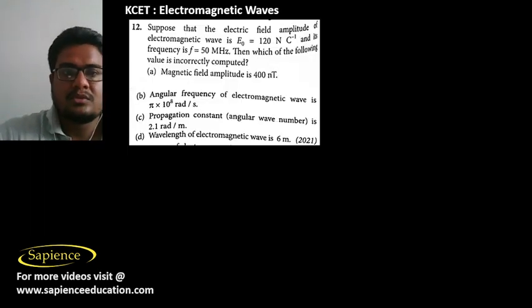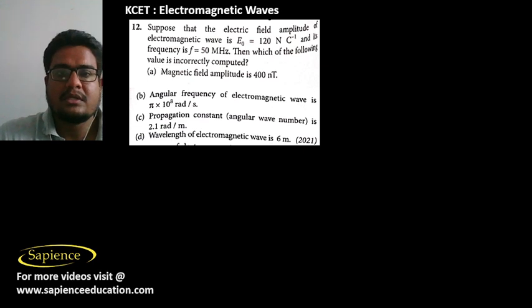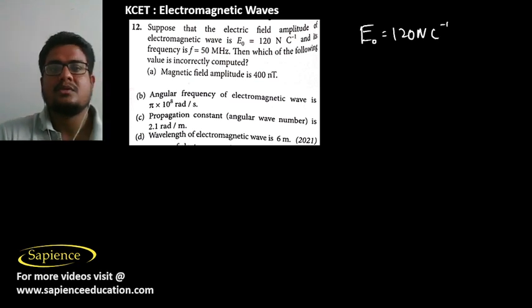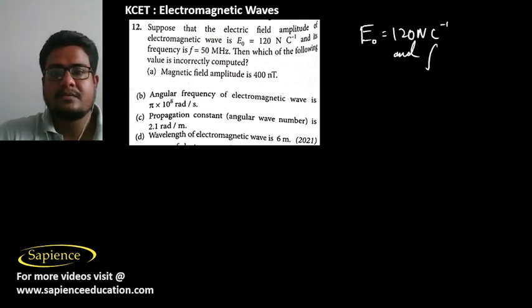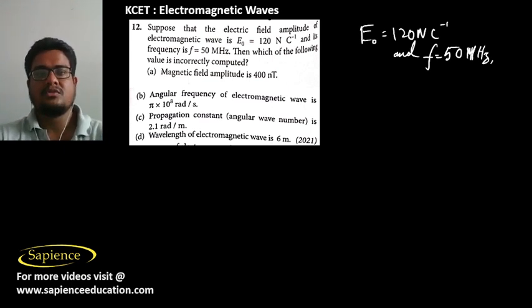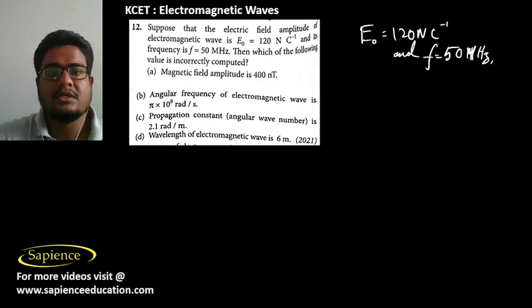Question number 12: suppose that the electric field amplitude of the electromagnetic wave is given, and its frequency is given as 50 megahertz. Which of the following values is incorrectly computed?